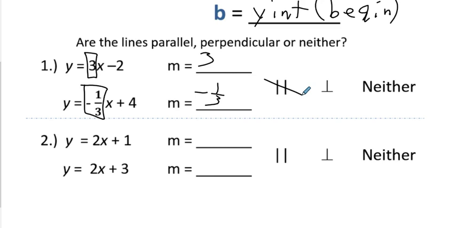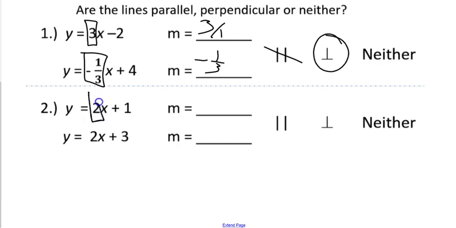They are opposite each other, positive and negative. That's a good sign. And 3 over 1 flips to 1 over 3. And remember, we could write that as 3 over 1. We generally don't, but any whole number can be written over 1. Therefore, they are perpendicular, because they have opposite and reciprocal slopes.